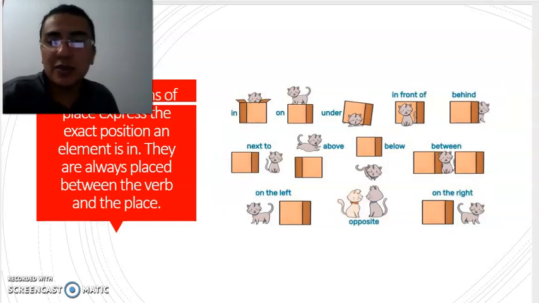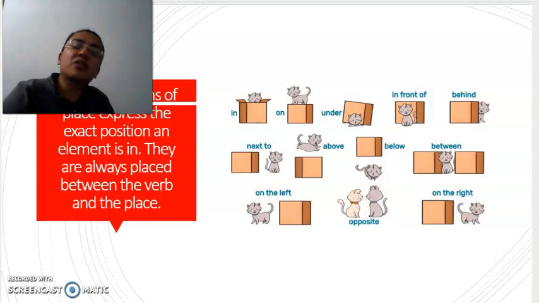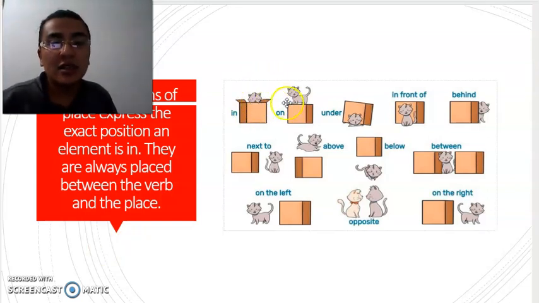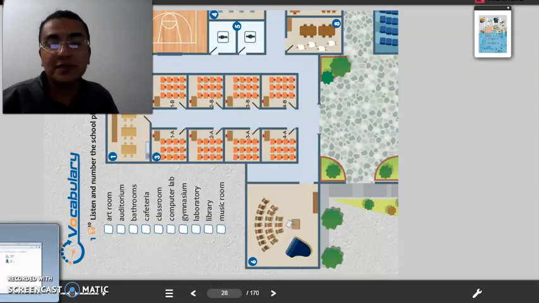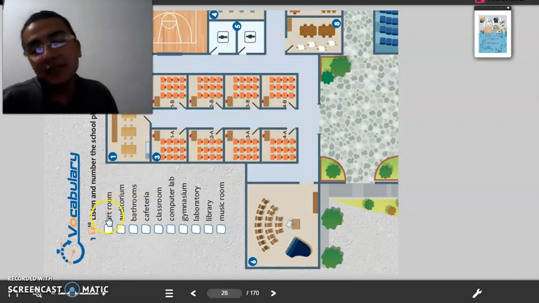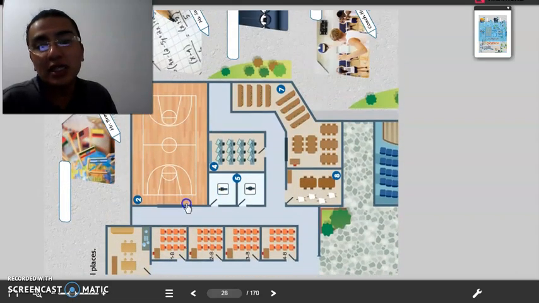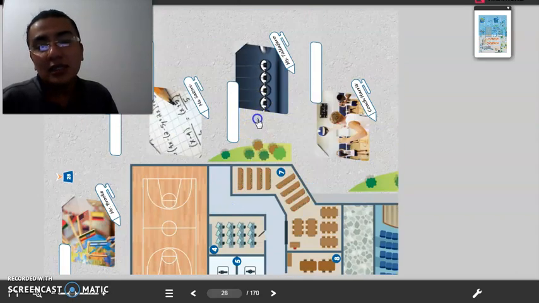Now let's practice with a little bit of another exercise with animals. Alright, it says prepositions of place express the exact position of an element. Now, again, in, on, under, in front of, behind, next to. Now, what do you have to do? Basically, the activity right here is a little bit easy. You have the school places in the workbook, right? This is the book, page 28.